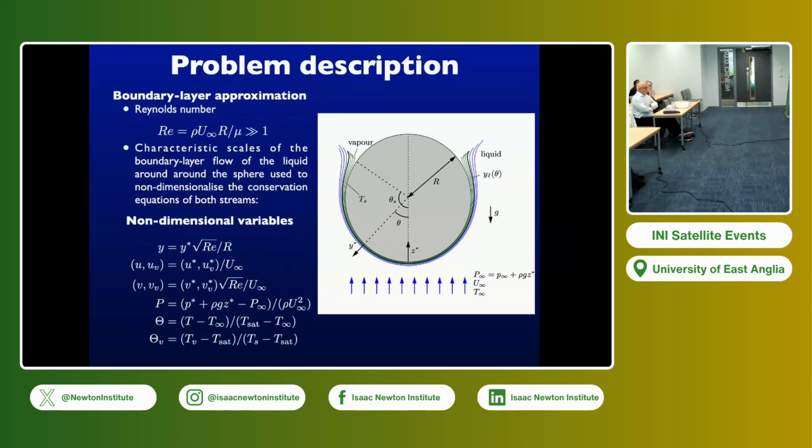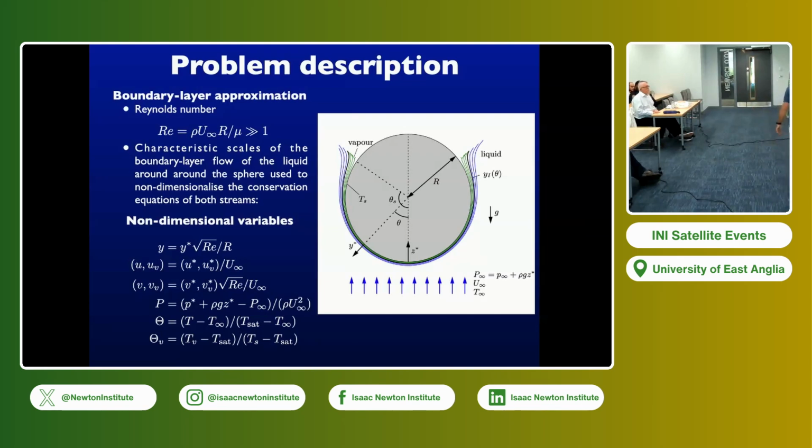As I said, characteristic Reynolds numbers are of the order of 10 to the 5. So we can employ the boundary layer approximation to describe both streams. To facilitate the numerical integration of the problem, we employ as characteristic scales those derived from the boundary layer flow around the sphere for the liquid.